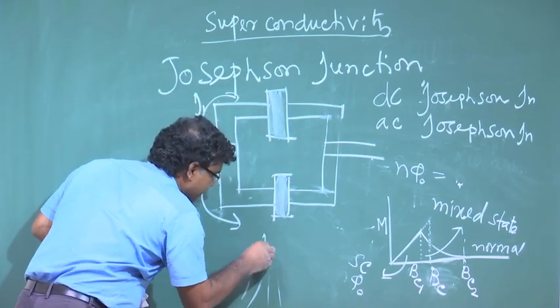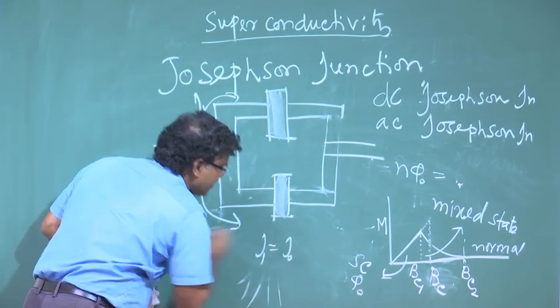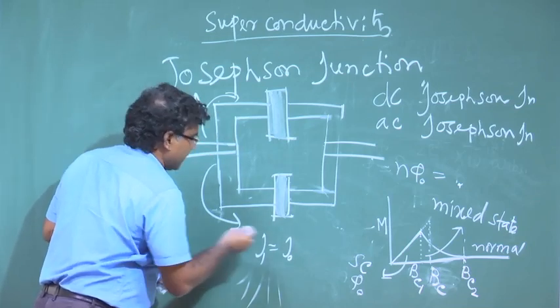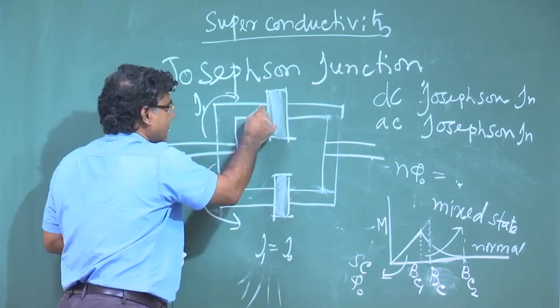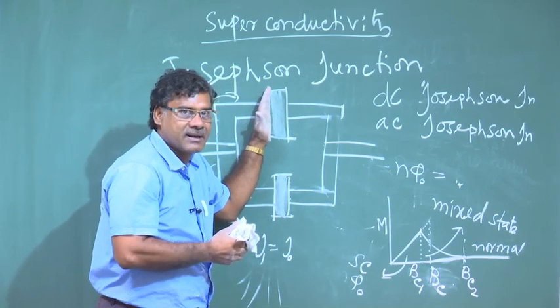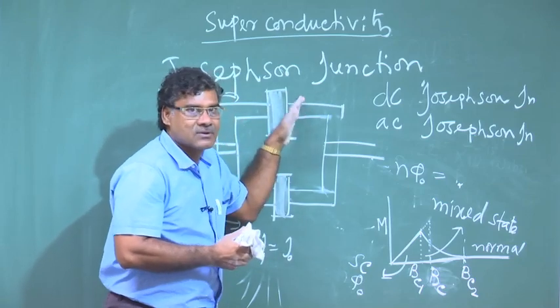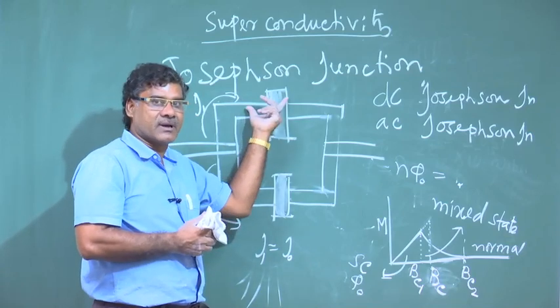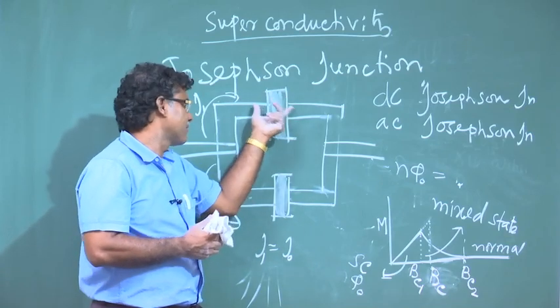J1 is basically J0 sin delta 1. It depends on the phase difference, the phase of the current at this side at the beginning and the phase on the other side. So, there will be a phase difference between the currents of these two sides.